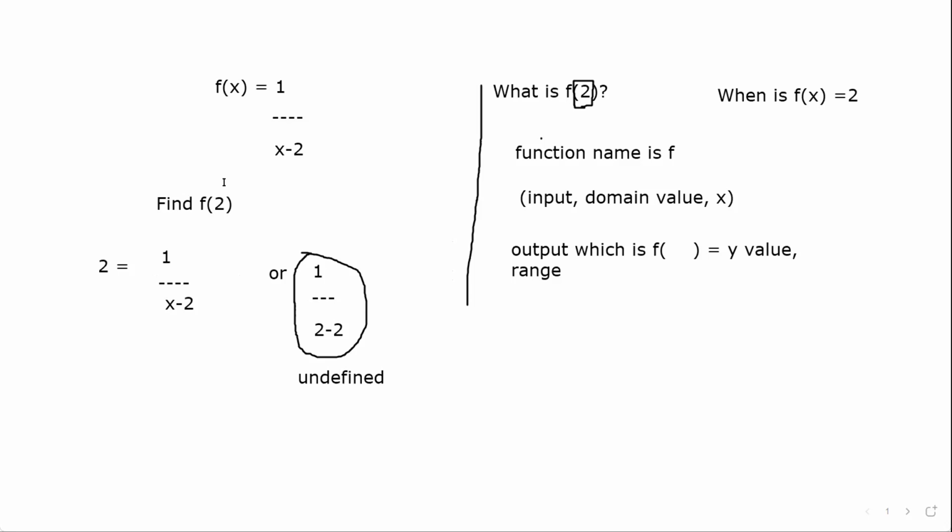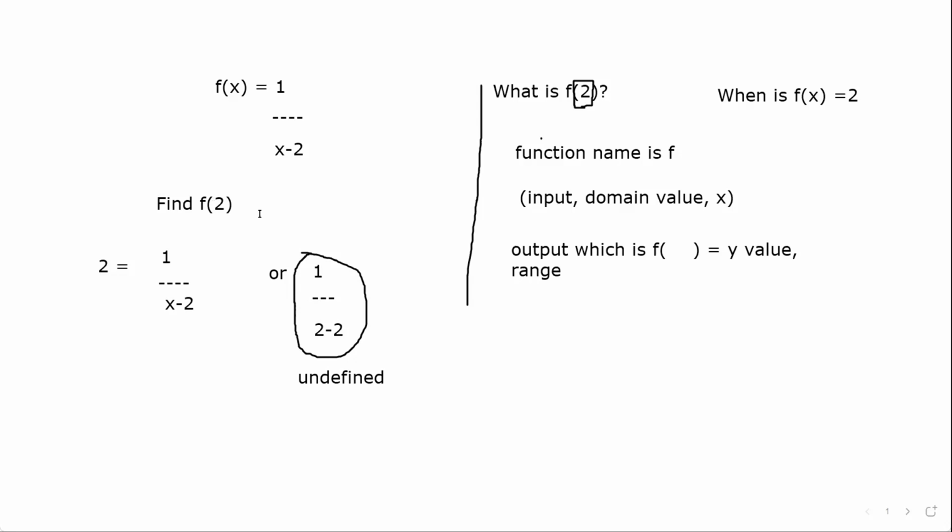Whatever f of 2 is, it could be the same value as a limit. But if I'm asking you to find a limit, the word limit will be in front of it somewhere. I know that sounds obvious, but limit has to be in front of it to find it.